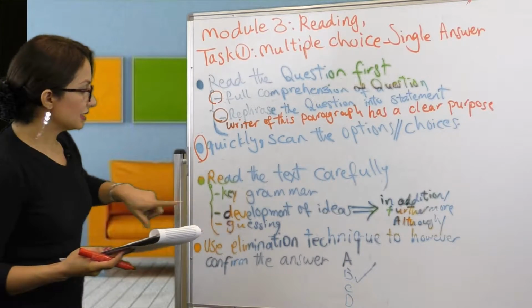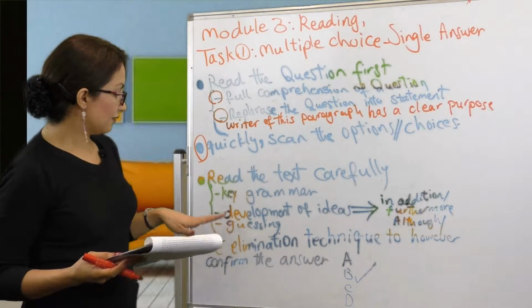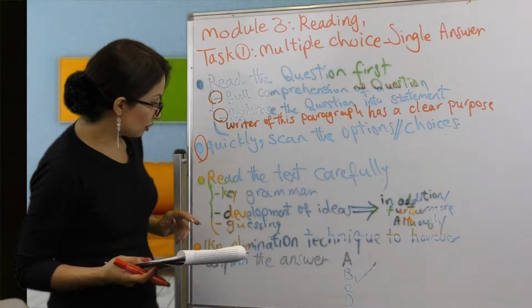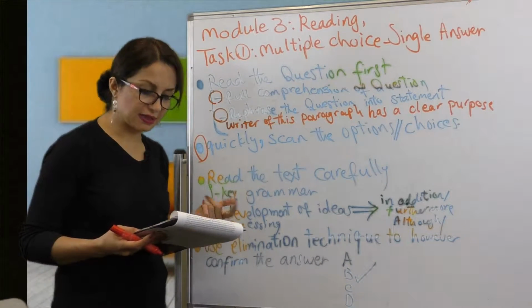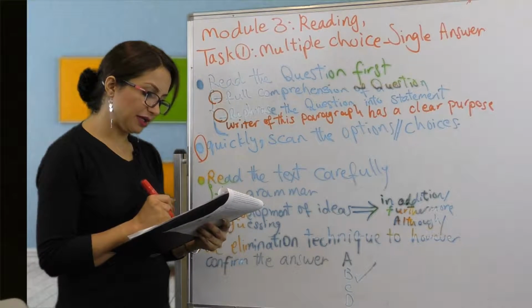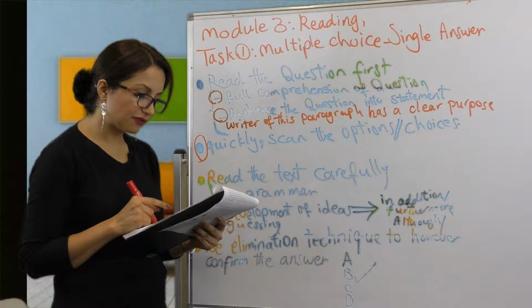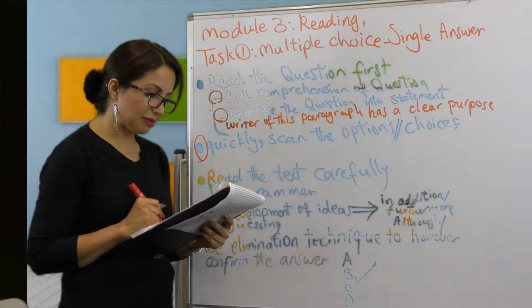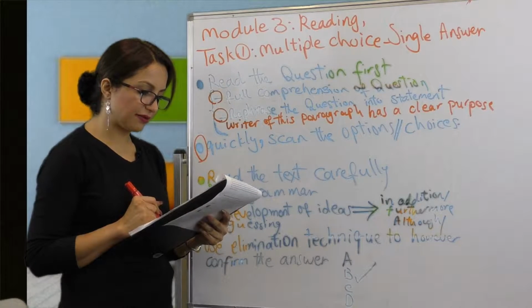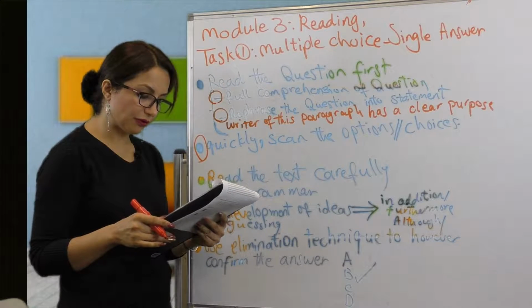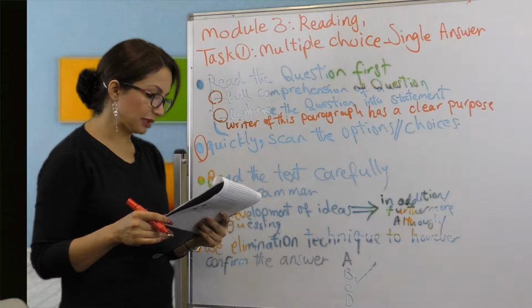Now, read the text carefully. And when you read the text carefully, you need to pay attention to key grammar, development of ideas, and of course, guessing. Let's do it together. Huge reserves of energy have been found in rocks far below the surface of the ground in Britain. It is estimated that the north and southwest regions could hold enough energy in the form of heat to provide power for millions of homes.